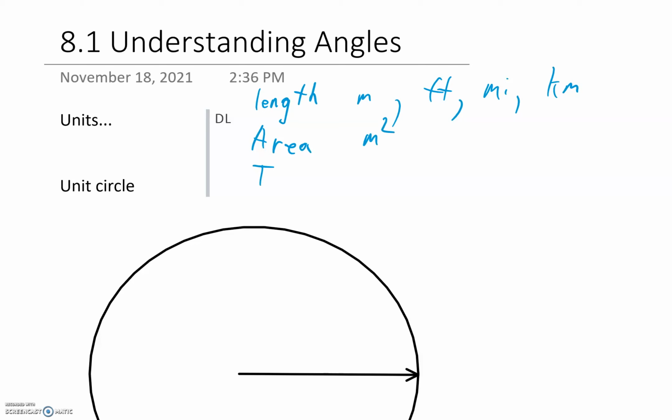We can also talk about temperature, and that has a bunch of different units, like Kelvin, degrees Celsius, and Fahrenheit. So every single measurement that we do has a bunch of different systems to measure the same thing. And with angles, it's no different.